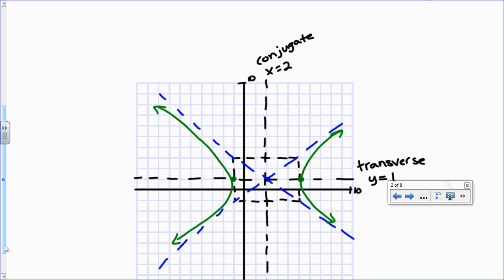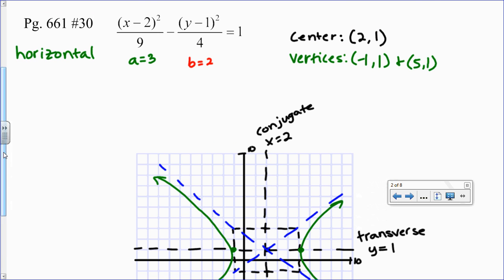Okay. The last thing to graph is the foci, and then we'll talk about the equations of our asymptotes. So foci. For a hyperbola, it's a squared plus b squared equals c squared.